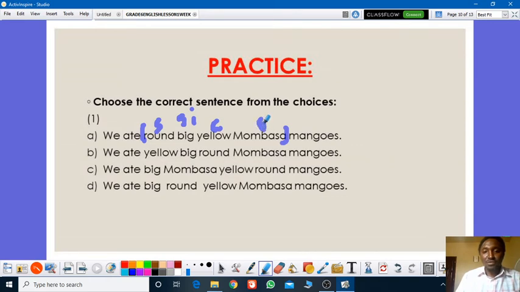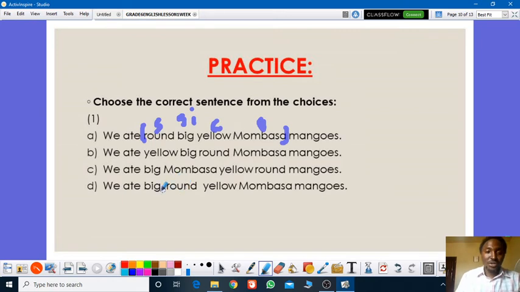So from the knowledge that we have learned today, you should know that big comes first. So look for a sentence that begins with big as the adjective, and which is these two, C and D. Then we have also learned that size is followed by age, then shape.